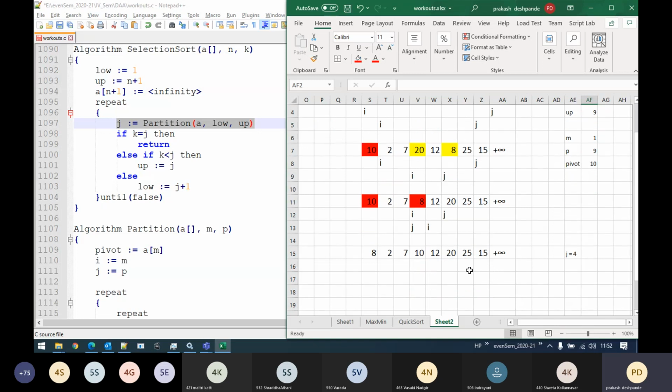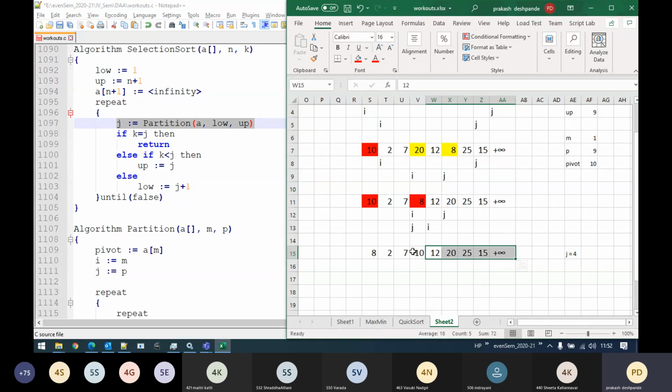So what we have actually done here is made a partition at this particular position. We have found that the kth position falls after the partitioned element. So now we need to only bother about finding that kth position on the right hand side of the partition.